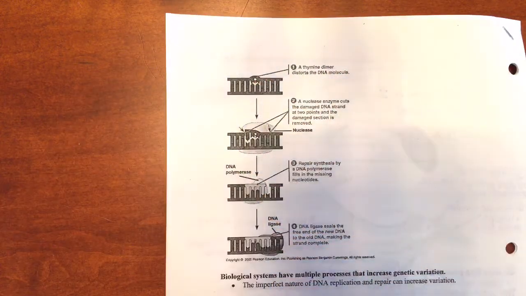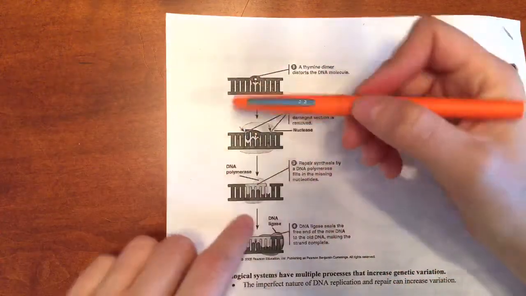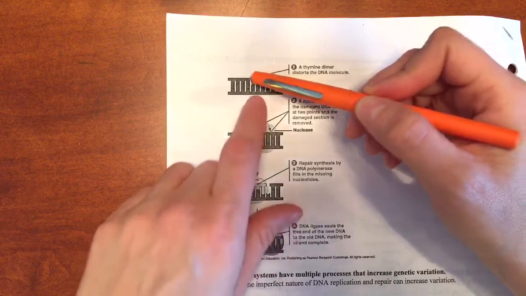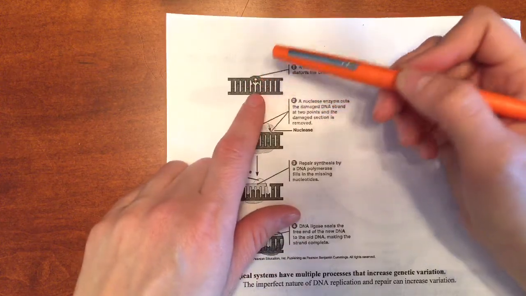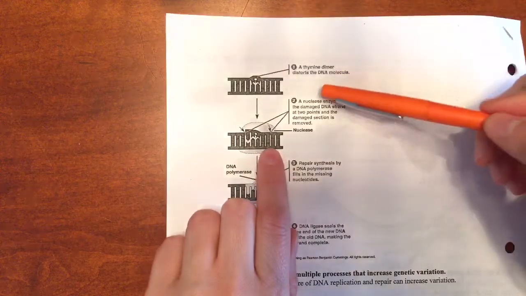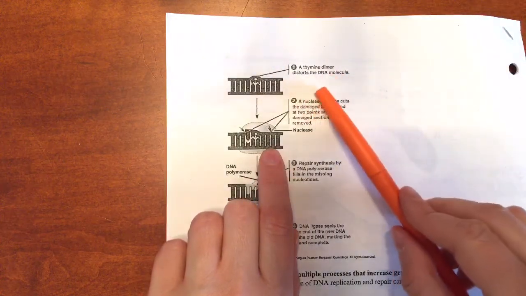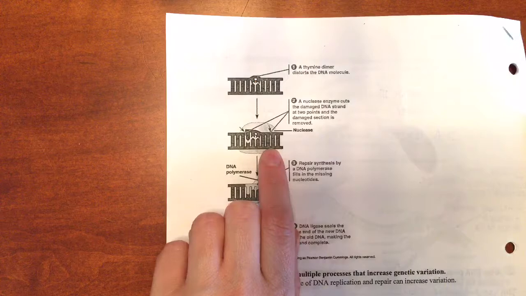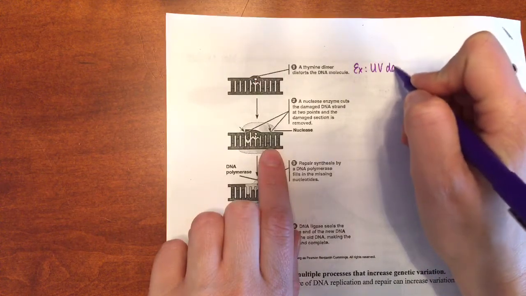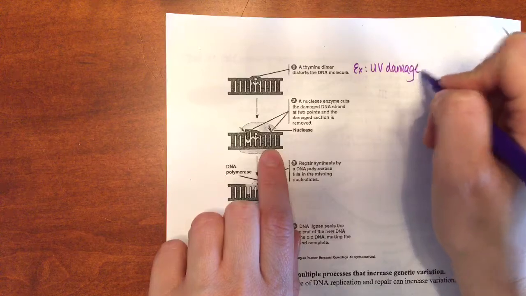And that binding that way, instead of, they're supposed to be hydrogen bonding with the bases across from it, distorts and changes the shape of the DNA, and you see this bulging. And so that's what a thymine dimer, that's what it means by distorting the DNA molecule. So an example of something that could do that is UV damage, ultraviolet light.